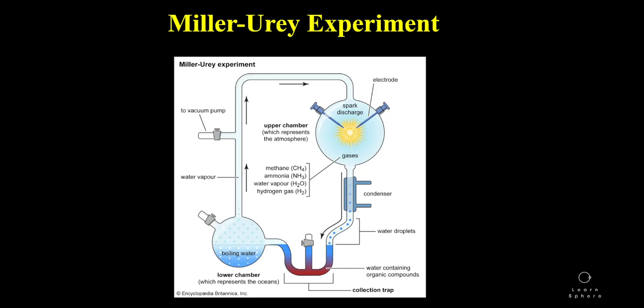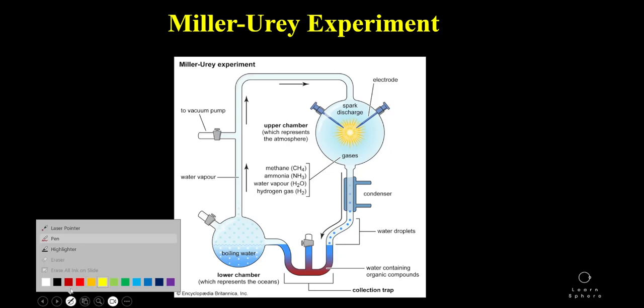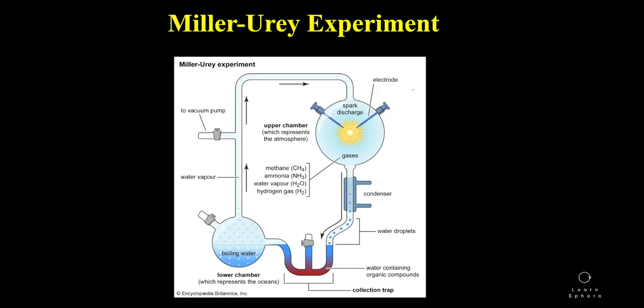They used an apparatus to show, in this flask, these gases, and this kind of reducing atmosphere was created by Miller and Urey.